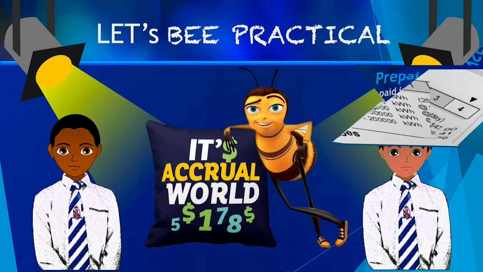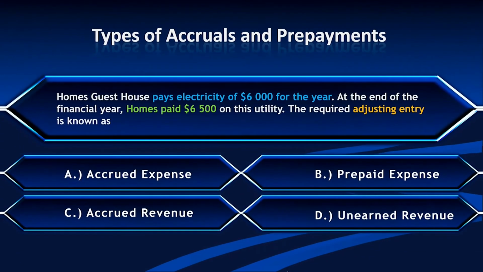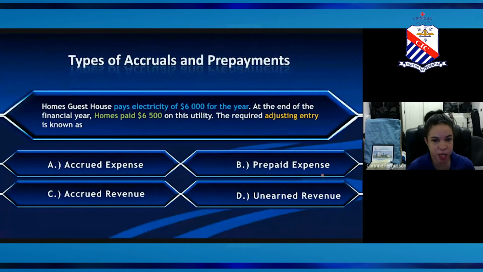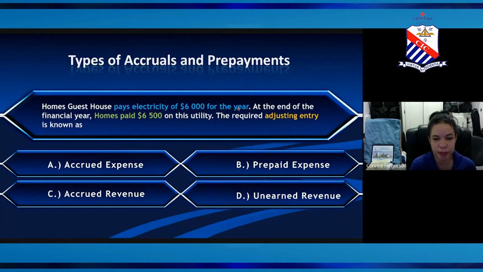So we go to the questions again. Just remembering, once again, prepayment. When you pay more, the amount that goes into your income statement still remains the amount incurred. Right, so Homes Guest House pays electricity of $6,000 for the year. In other words, this is the amount that is incurred.